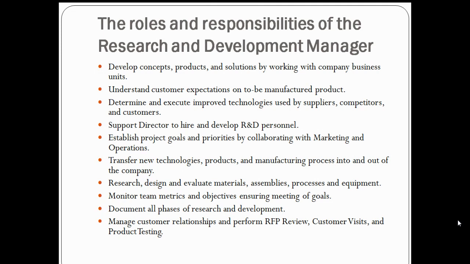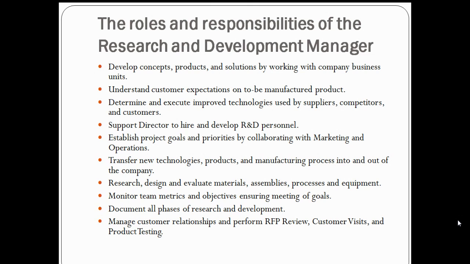While understanding the customer expectations, we can think about whether we have to improve our existing product, and that has to be understood by the R&D manager. Based on that knowledge, they have to determine and execute the improved technologies used by the suppliers, competitors, and customers.